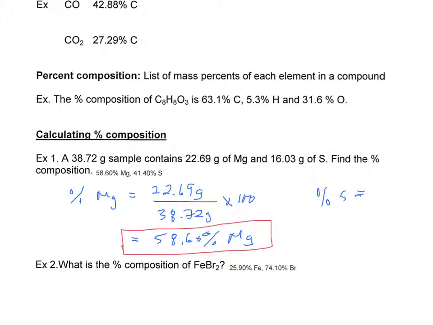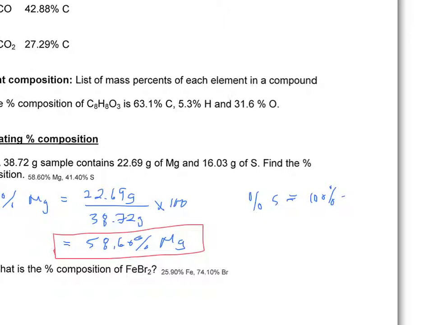So I can just take 100% minus the percent of magnesium, 58.6, and that will give me sulfur. Since I've listed all of the mass percents for the elements individually, this is known as the percent composition.